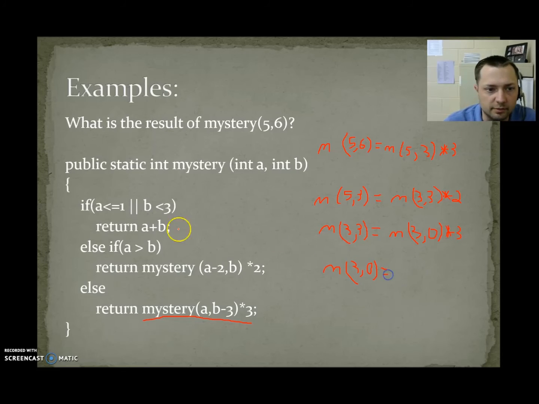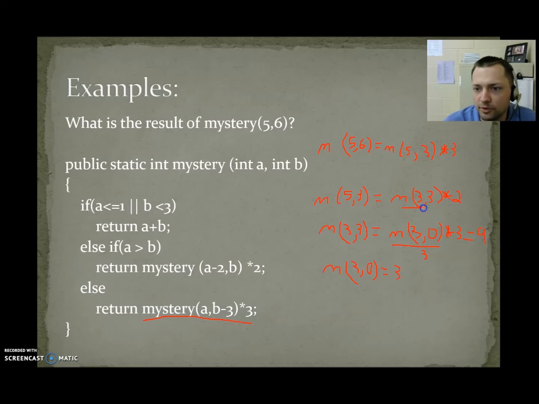equals, and now we say, is A less than or equal to 1? No. Is B less than 3? Yes. So we return A plus B. So 0 plus 3, we return 3. So we replace this up here with 3. 3 times 3 is 9. So we write down 9.